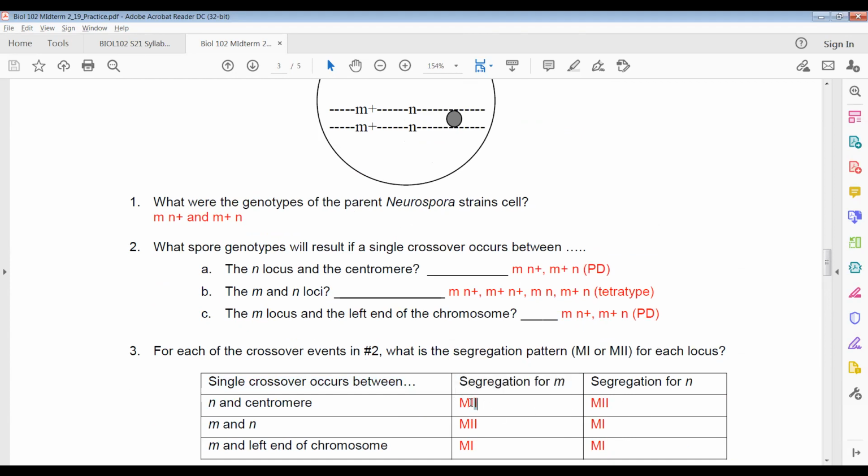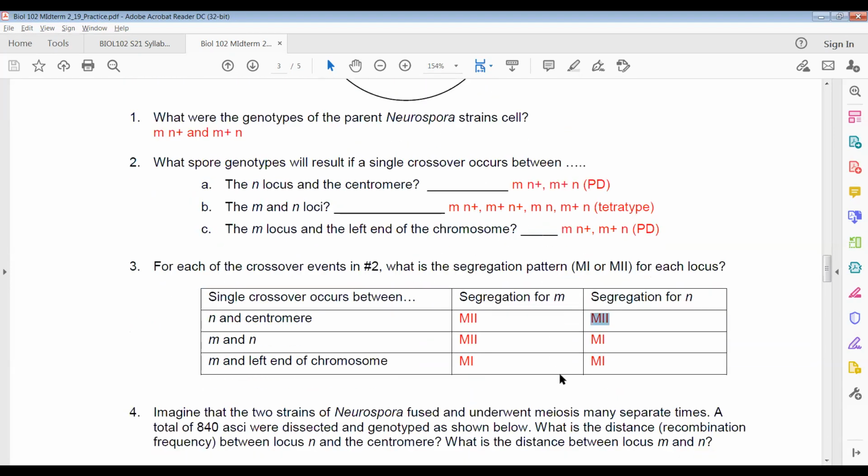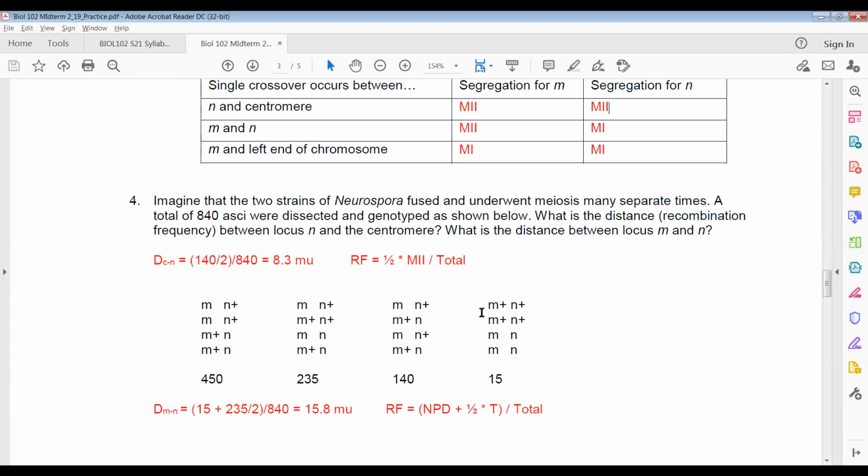So for M, is it the M1 pattern or the M2 pattern? So now you need to understand what M1 and M2 mean, right? And it's very easy. I don't want to spend much time on this, but this is very important for the midterm. Okay, finally, if we do a test cross, this is similar to the 3-point test cross.